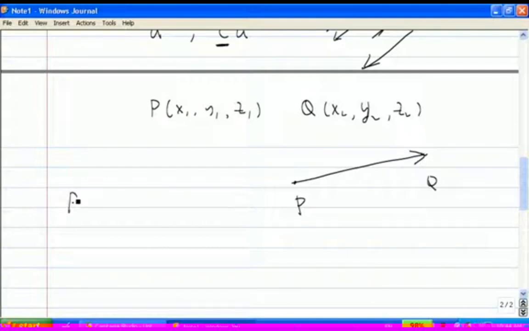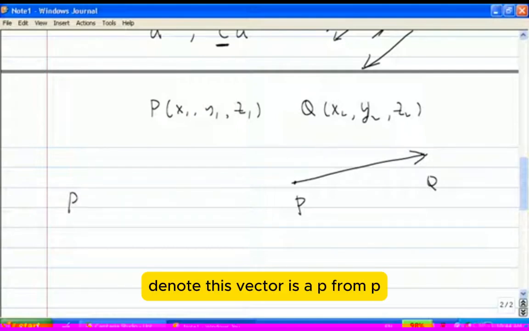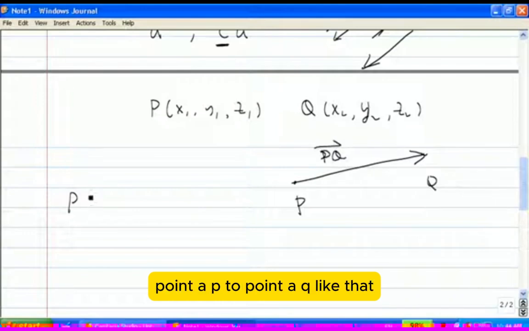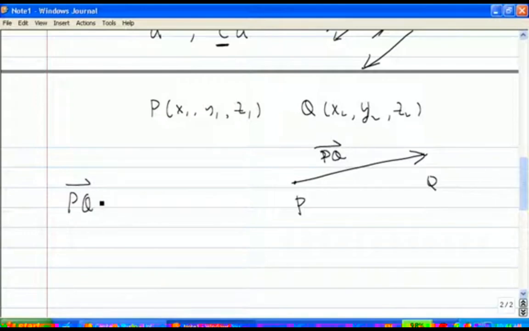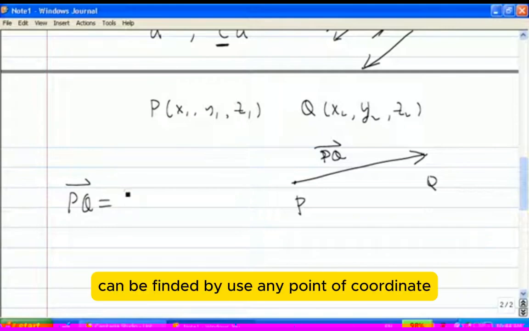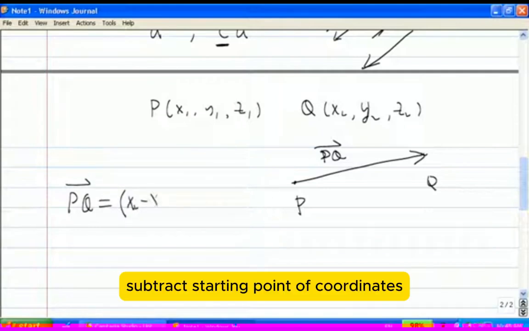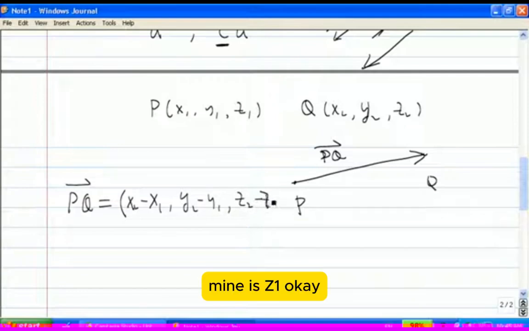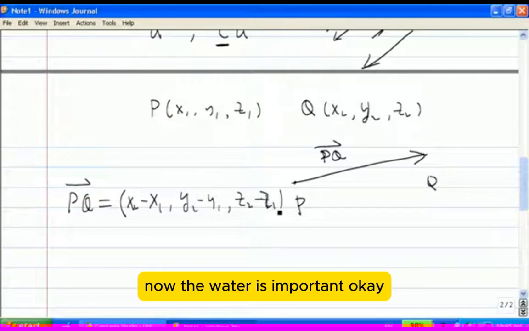We denote this vector as from point P to point Q. This vector can be found by using the endpoint coordinates, subtracting the starting point coordinates: x2 minus x1, y2 minus y1, z2 minus z1. Now the order is important.